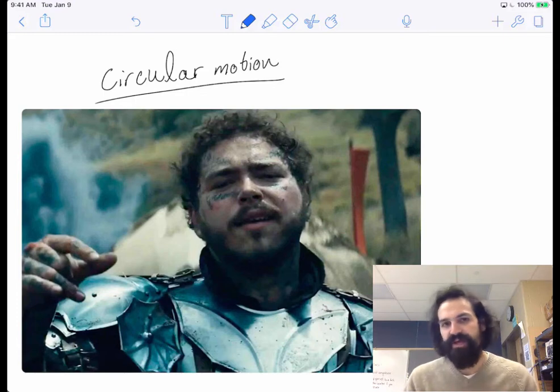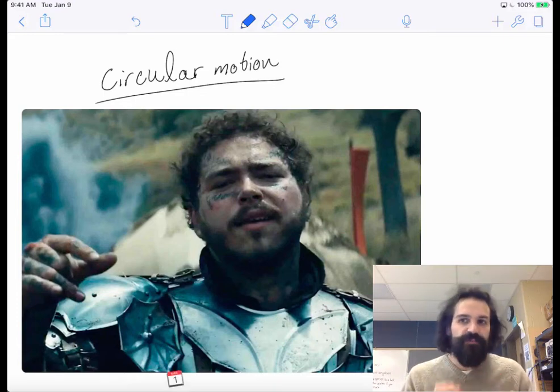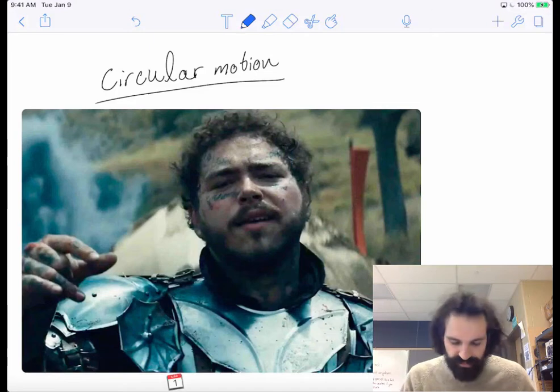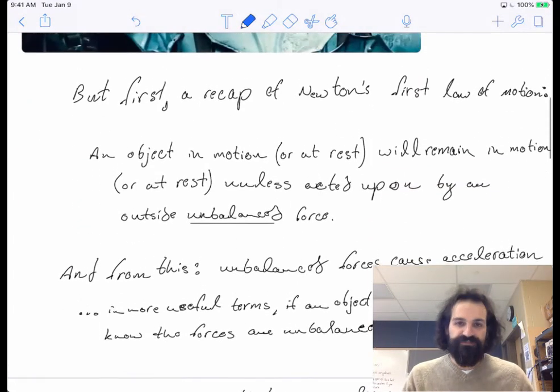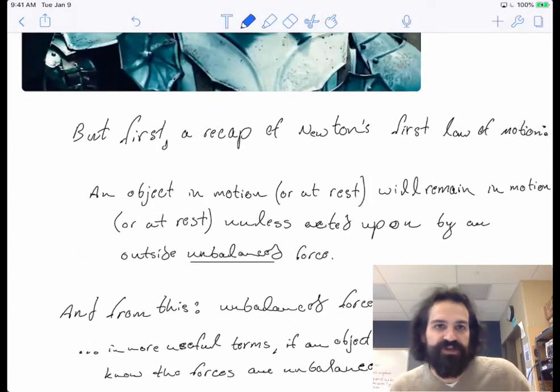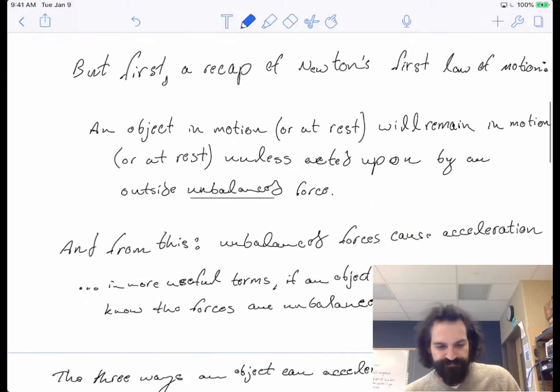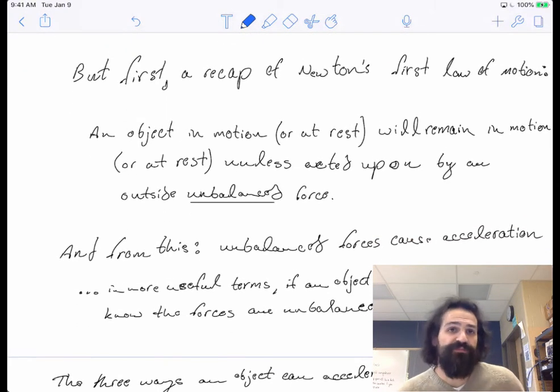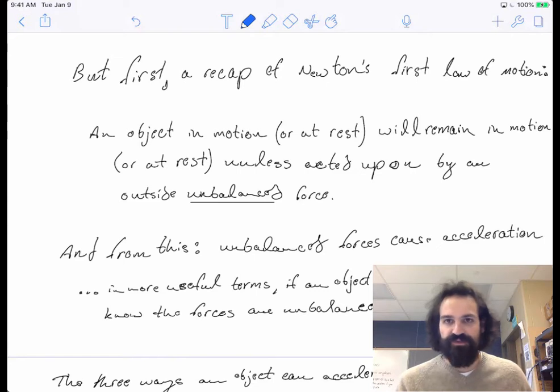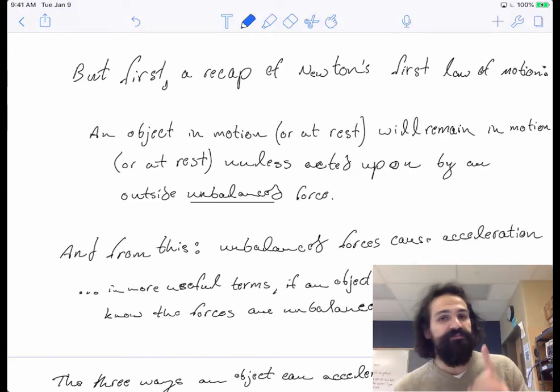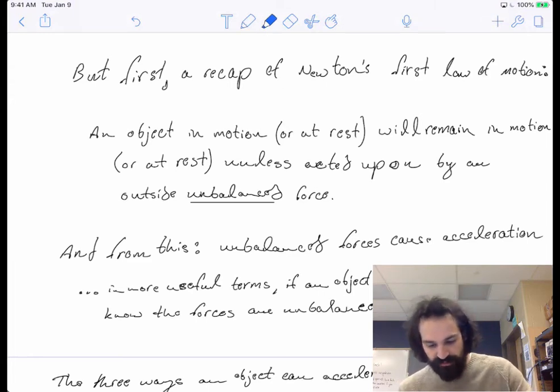But to really understand circular motion, it pays to go back all the way to the basics and look at Newton's first law of motion, because that's where all of this comes from. Isaac Newton's first law of motion says an object in motion will remain in motion unless acted upon by an outside unbalanced force. That key word is so incredibly essential: unbalanced.